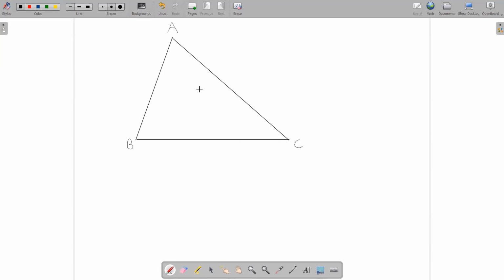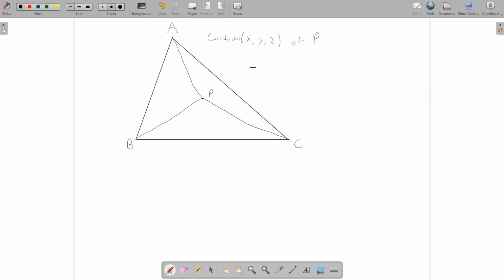And if you have some point P anywhere in the plane, then the barycentric coordinates x, y, z of P can be found in two equivalent ways.